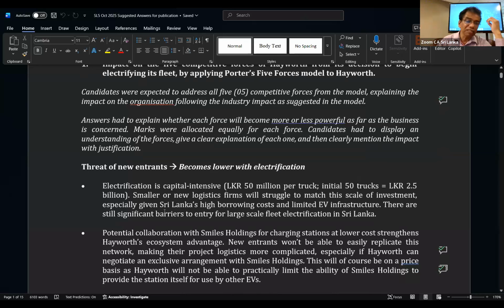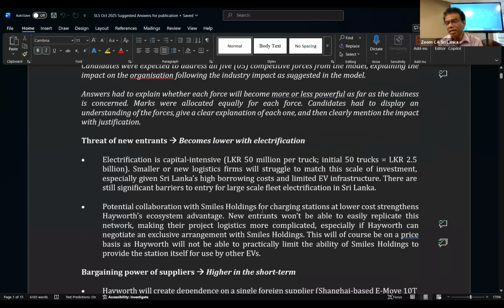So then the five forces: one is the threat of new entrants, which becomes lower with the electrification. New entrants don't have bargaining power because they cannot enter the market immediately. So Hayward has the cost advantage as well as the competitive advantage, right? Because at 50 million per truck, they have to spend nearly 2.5 billion for 50 trucks, right?